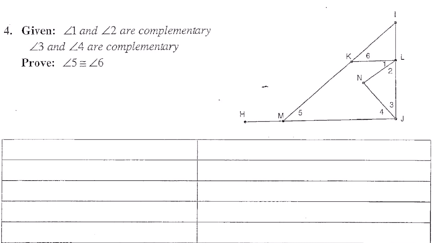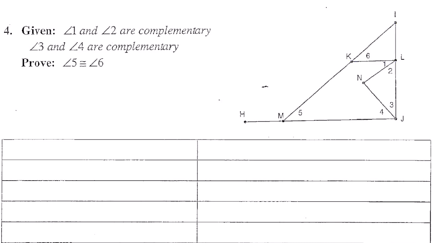We have to go from complementary to the measures add up to 90, and then we can use the angle addition postulate to say that the sum of those two angles is equal to the measure of KLJ, right? Then we can use substitution, or the transitive property, to say that KLJ is equal to 90, and then the definition of right angle, that it is a right angle, and the definition of perpendicular to say that it's perpendicular with IJ, right?